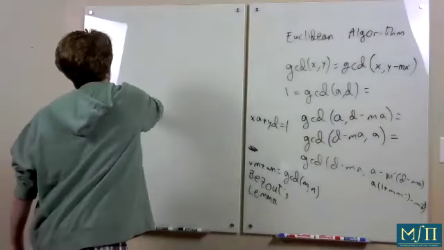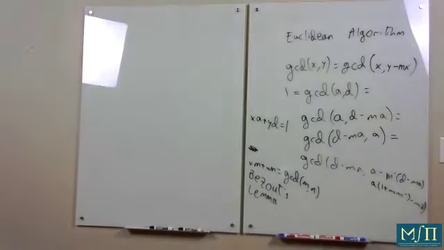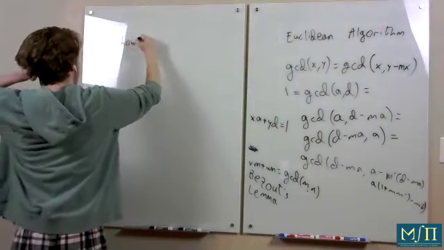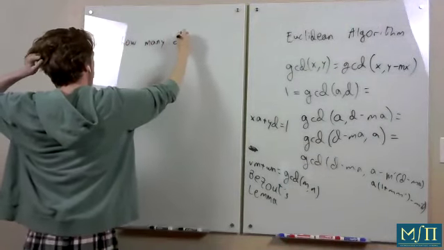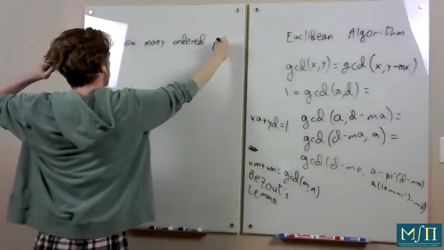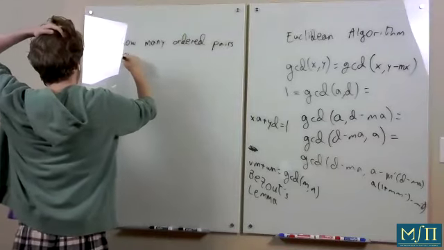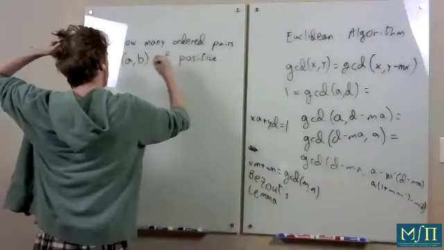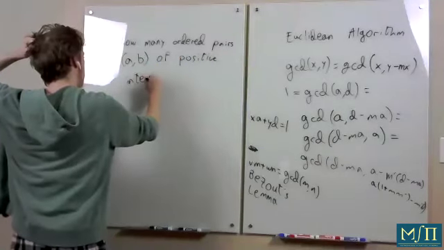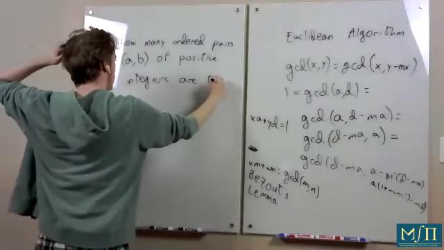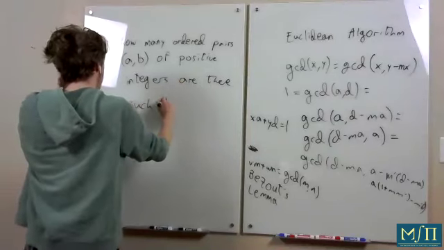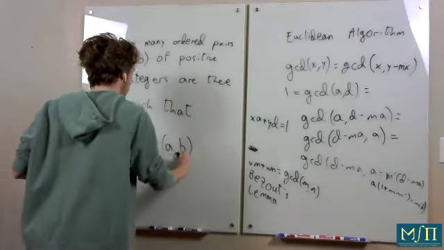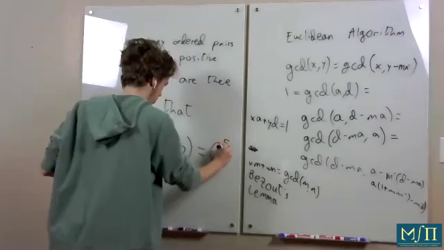Basically, it's how many ordered pairs A, comma B of positive integers are there such that their LCM, the least common multiple of A and B, is 6 to the 5th power.